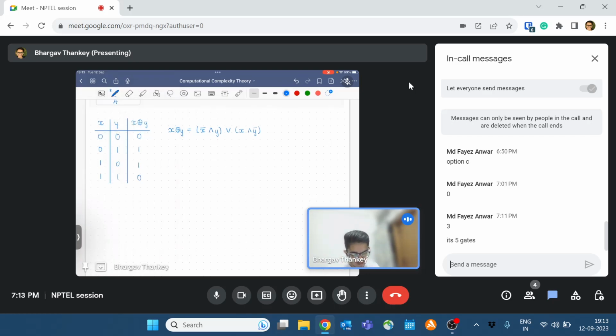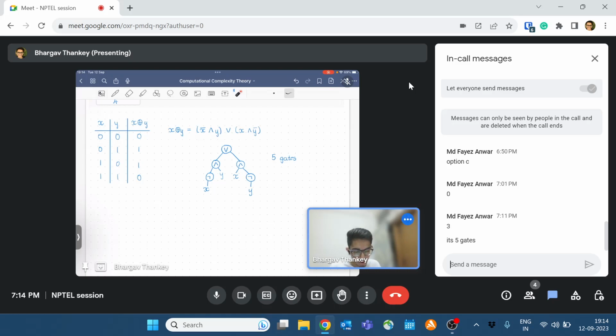This naturally suggests a circuit: put an OR gate at the top, and have two AND gates. So the size of this is 5 gates. When we use this description of XOR, we got a circuit with 5 gates.